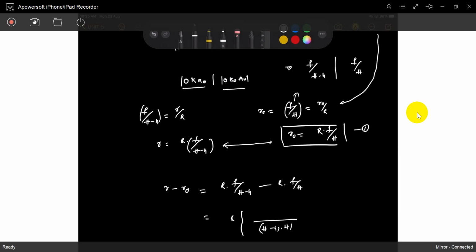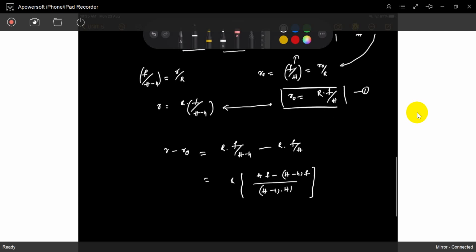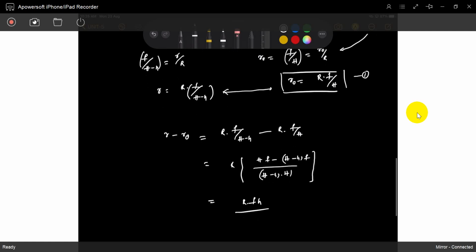So h f h minus h into f. So can you subtract it? If you subtract, the hf cancels. So cancel hf, fh is remaining. fh divided by h minus h. That is the relief displacement.